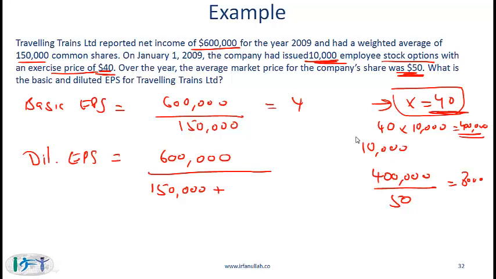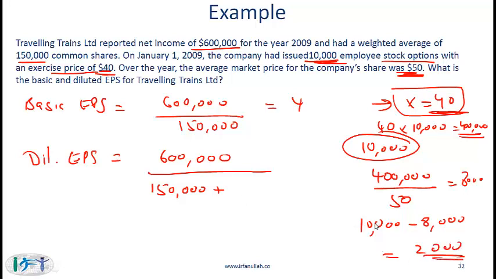Now let's look at the net effect. The company issued 10,000 shares, so that's 10,000 more shares, but then the company actually bought back 8,000 shares. So that means the net effect is 10,000 minus 8,000, which is equal to 2,000.